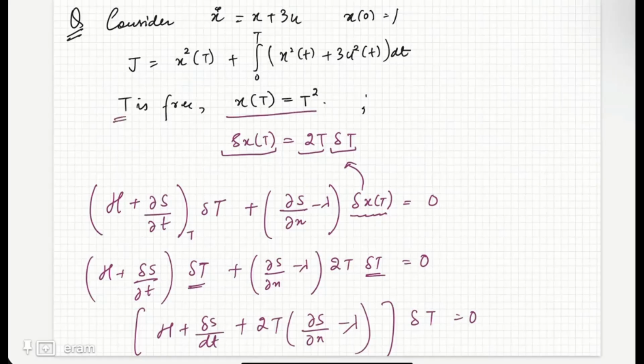Now since t is free, delta t is not equal to 0, so its coefficient should be equal to 0.